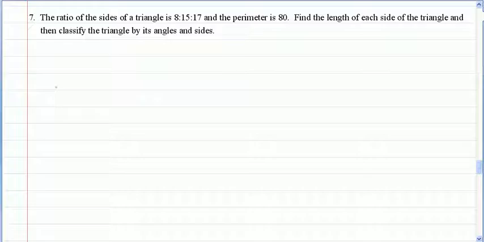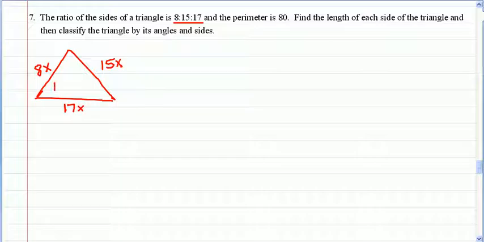For number 7, the ratio of the sides of a triangle is 8 to 15 to 17, and the perimeter is 80. So I'm just going to draw a triangle. And whenever you're dealing with a ratio, you always add x to the numbers that are in the ratio. So I'm going to say that the sides are 8x, 15x, and 17x.